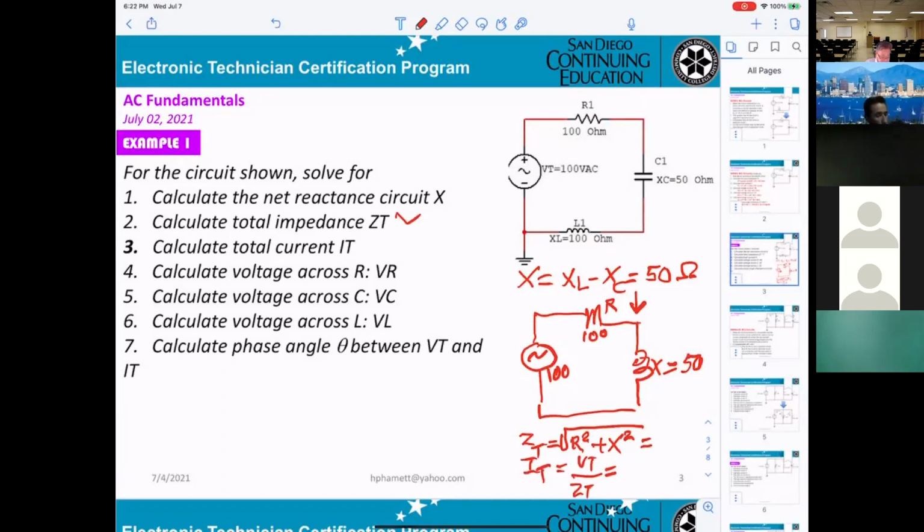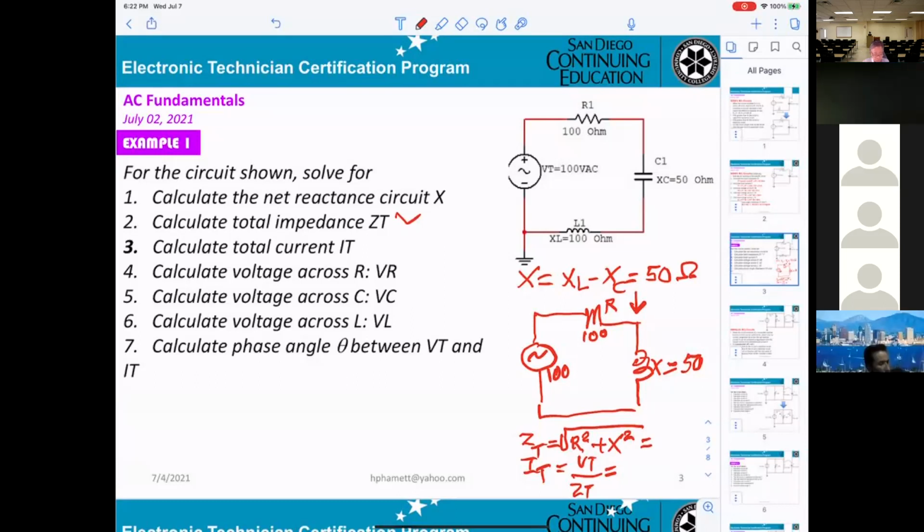So who got the answer for number 2? Square root of 100 squared plus 50 squared. 111.8 ohms. That's what I got, 111.8.